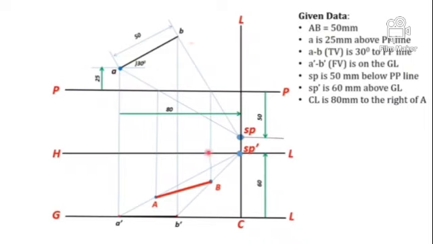Here you should draw all the lines except the perspective view edges with light lines.